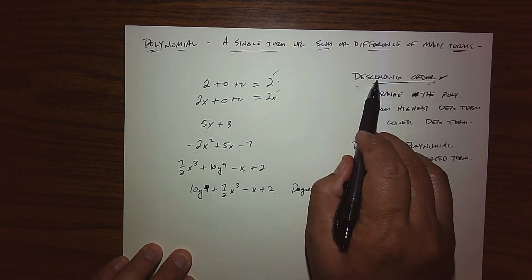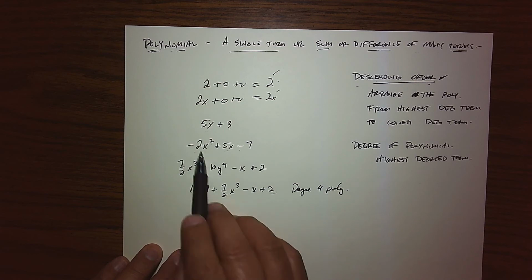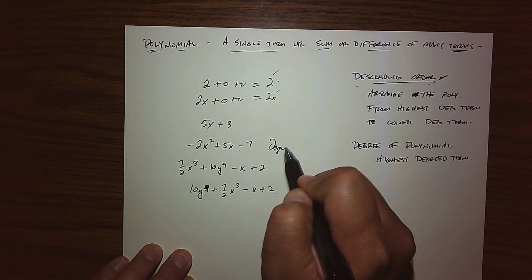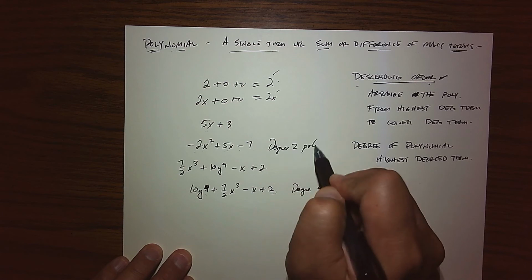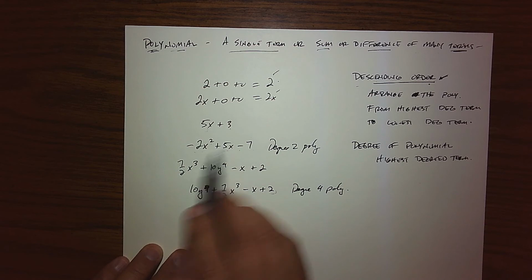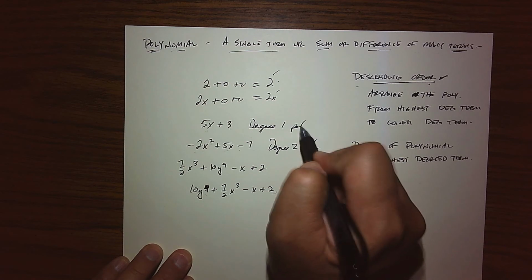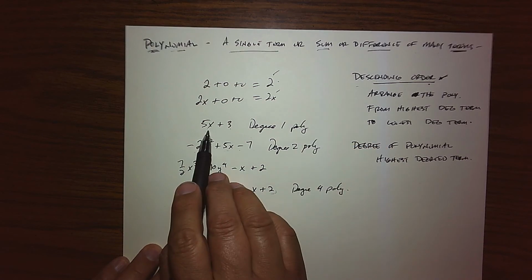And because I put it in descending order, it's sitting kind of out here in front, so we don't have to guesstimate it. This would be a degree 2 polynomial because the highest degree is 2. This would be a degree 1 polynomial because the highest degree term is 1.